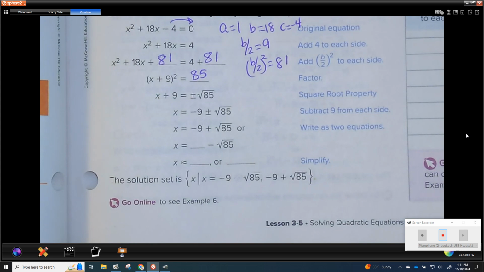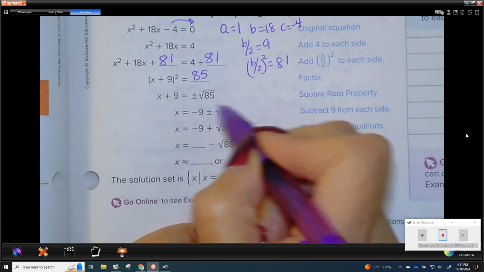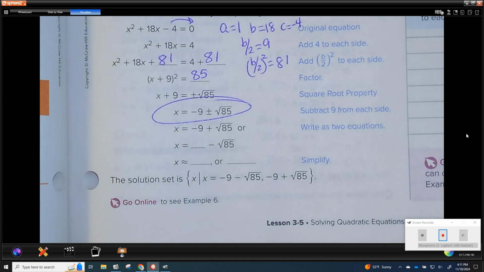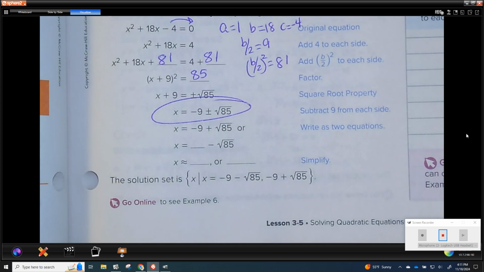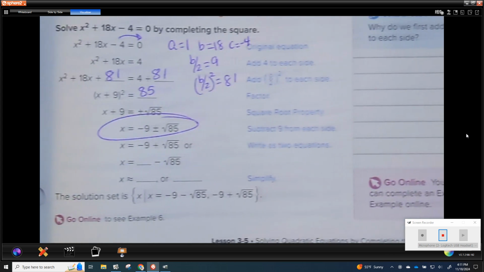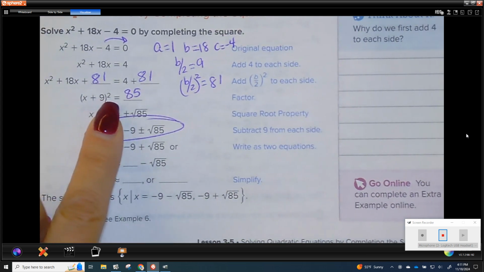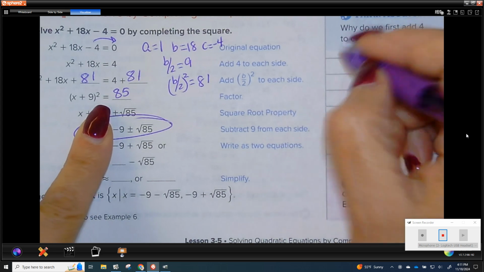That makes it equal. Take the square root, minus 9. Go ahead and leave your answer like that. Square root of 85. 85 doesn't have a perfect square that divides into it, so that is simplified all the way. There it is. Now, I'm going to work on vertex form on this. So right from here, vertex form.